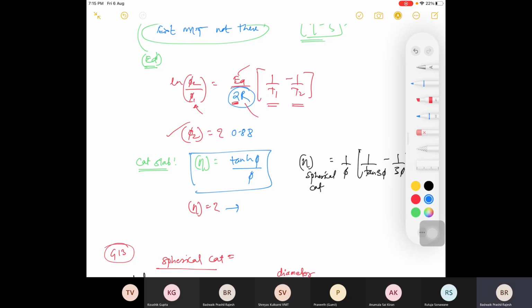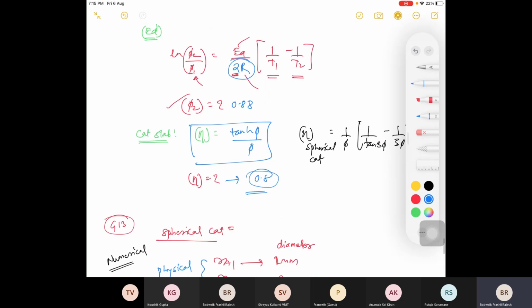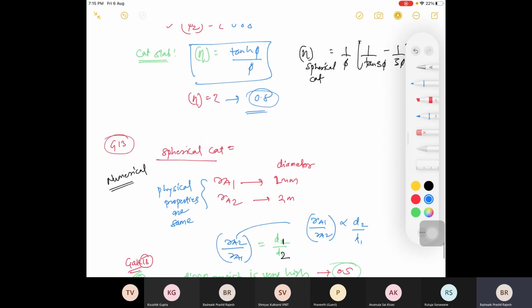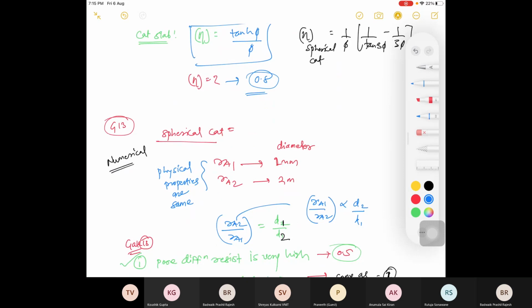So in your calculator, or in the GATE calculator also, hyperbolic functions are there. So if you calculate that, you will find. Sir, 0.8, right? So this is your answer. Then we will move to the next question.